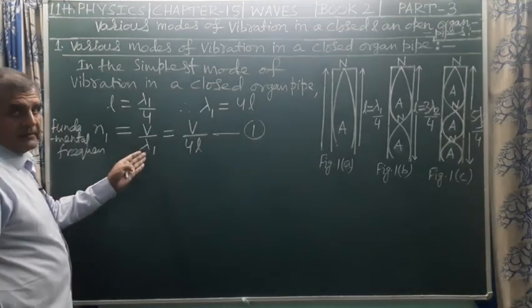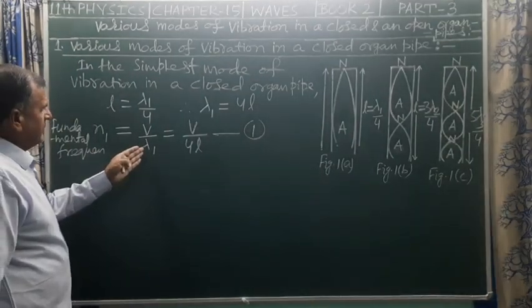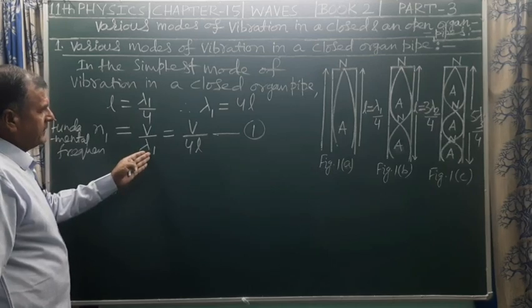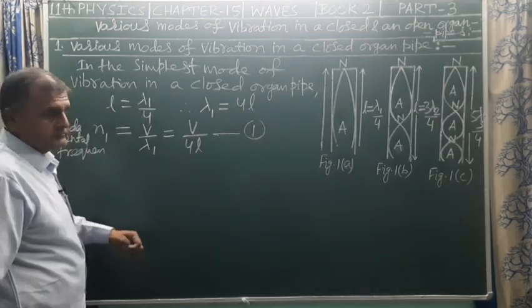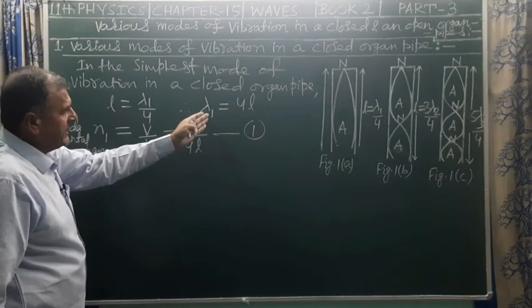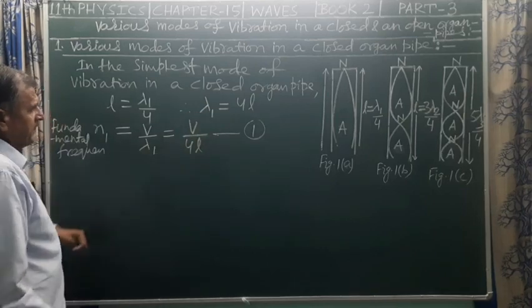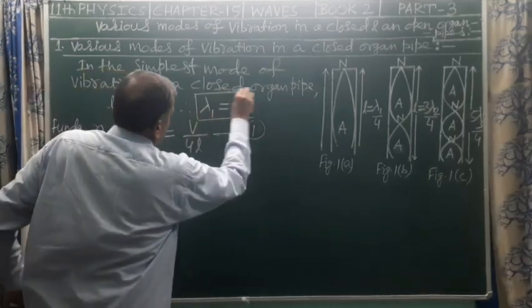We have substituted 4L in place of lambda 1, since we have obtained lambda 1 equal to 4L from the length of the tube in the simplest mode of vibration.